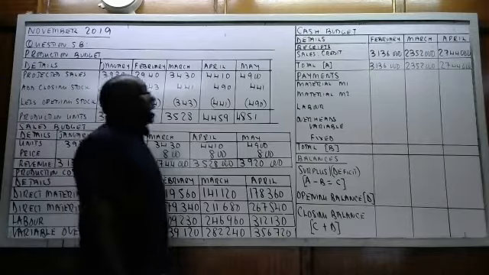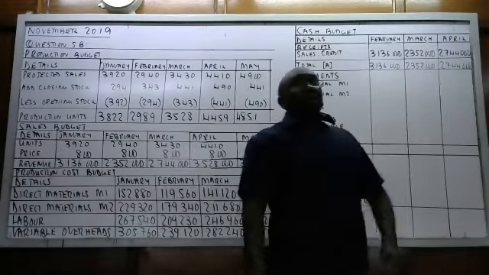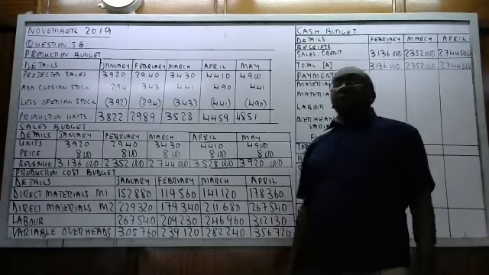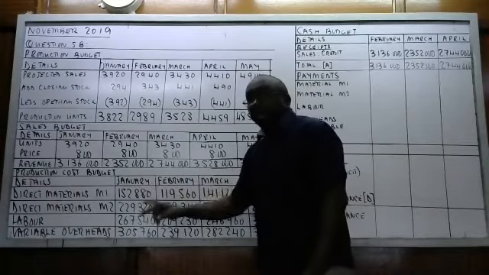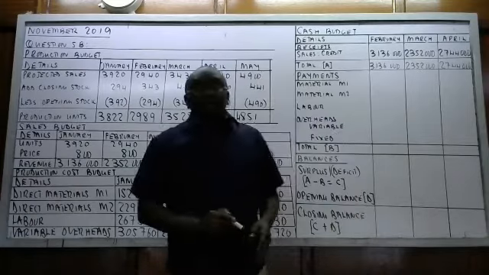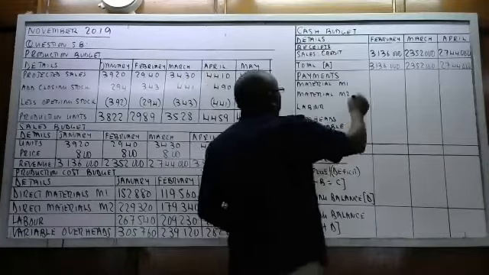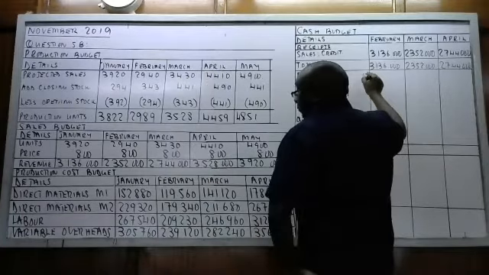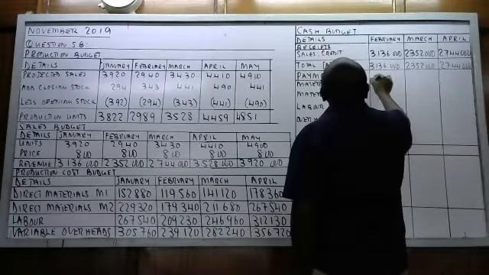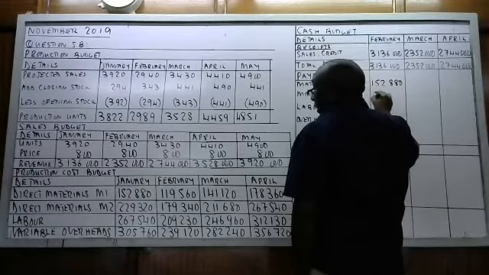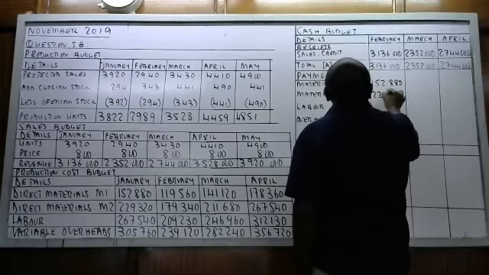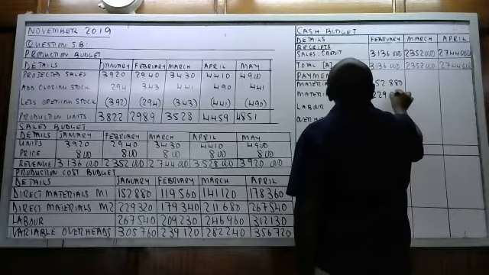So sasa tuko sawa kabisa. Tuko sawa because already tushajua material yenye tunatumia Januari tunailipia Februari. So tukuja hapa M1 152,880. M2 229,320.